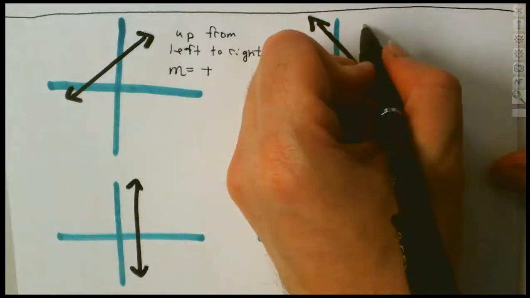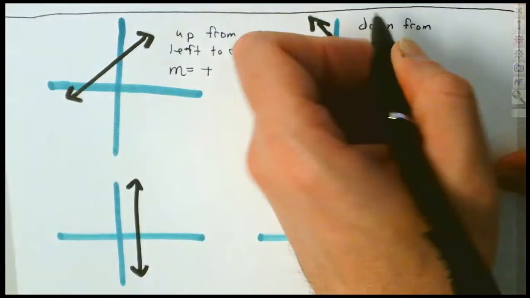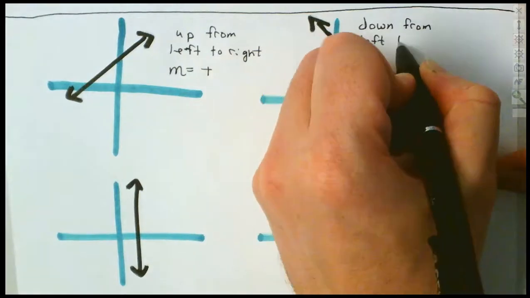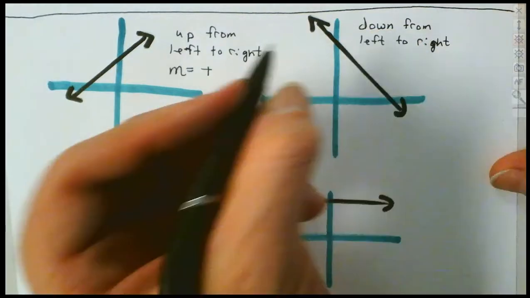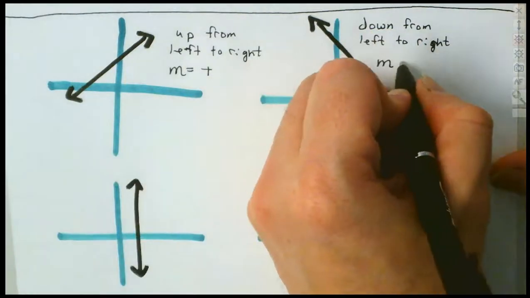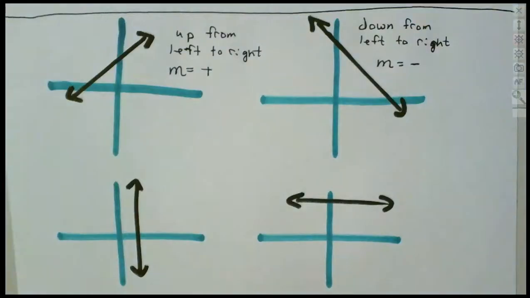This one is going down from left to right. And if this one goes down from left to right, then it has a negative slope. So when we look at a diagonal line, if it goes up from left to right, it's positive.